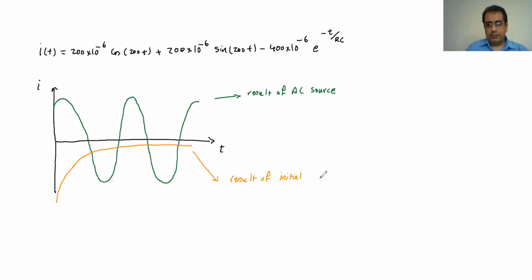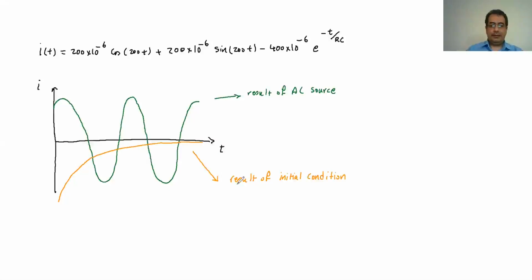Do you remember that at the beginning the capacitor was charged to 1 volt, so the capacitor already had some energy in it. But as soon as we close the key, that initial condition is going to fade away very quickly. It goes toward 0, and it becomes 0.